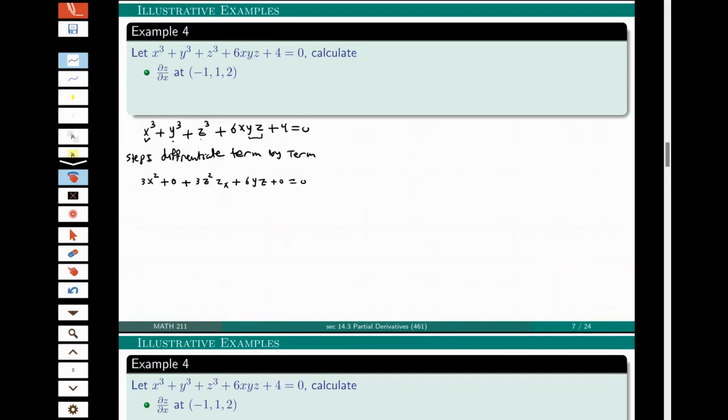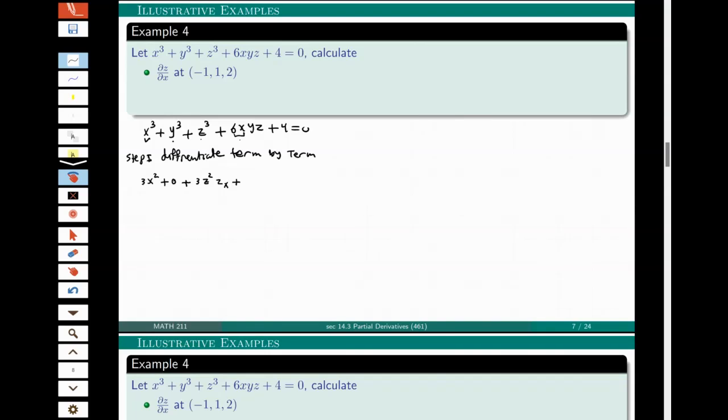Now, we need to solve for z sub x. Oh sorry, I have the product rule here, because z is a function of x.